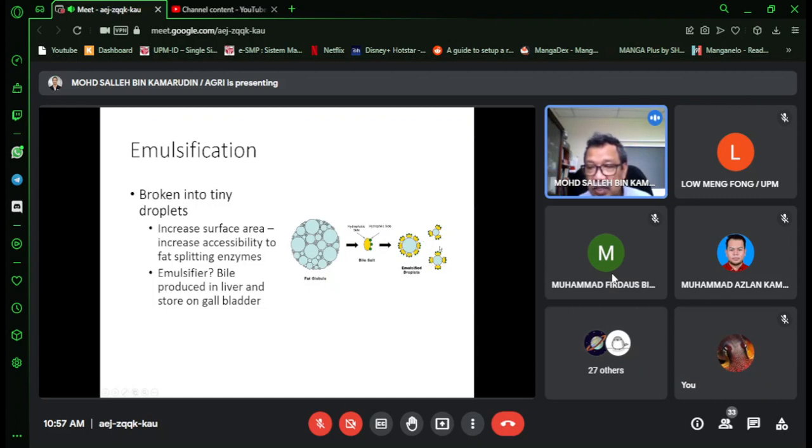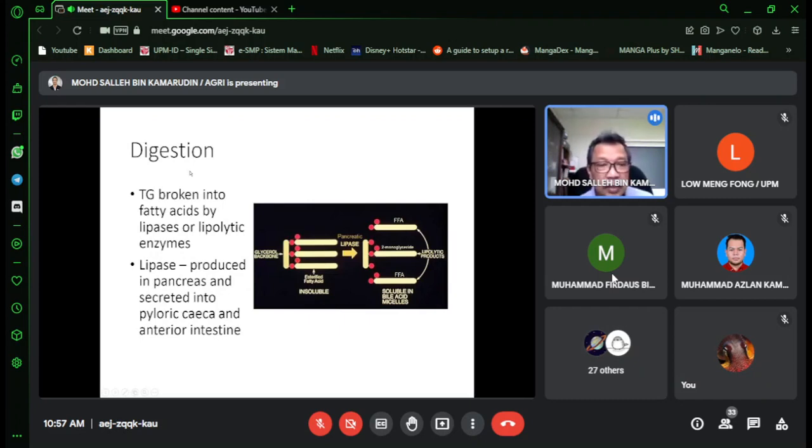With the bile salt, the droplet is smaller, so it is covered by the bile salt. And in digestion, following becomes tiny droplets, the lipid is insoluble at this moment.